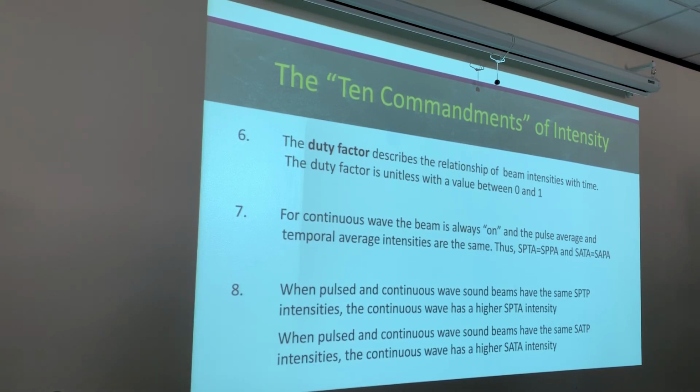With respect to time, the only thing different between these two is that this one's considered spatial peak and this one's considered spatial average. But across time, what makes the continuous wave and the pulse different is the on time and the off time. Because it's always on, the averages and the peaks concerning time are always going to be higher.